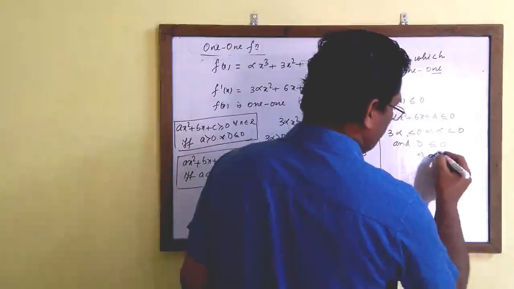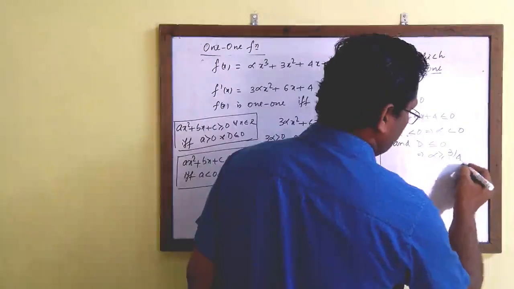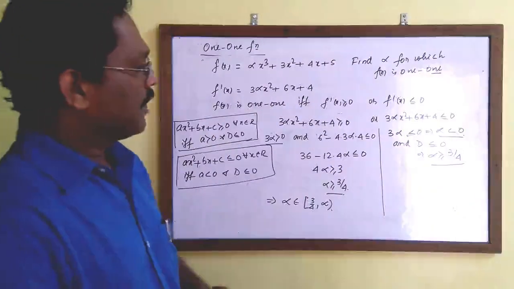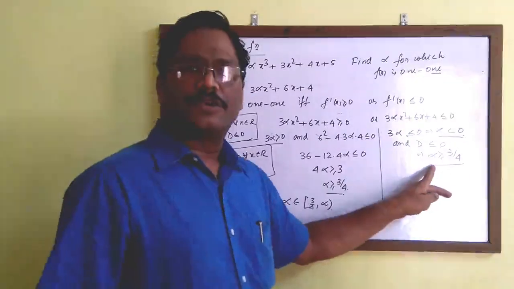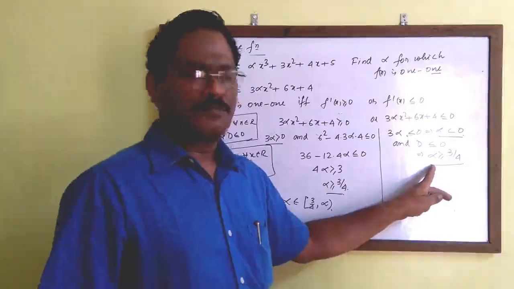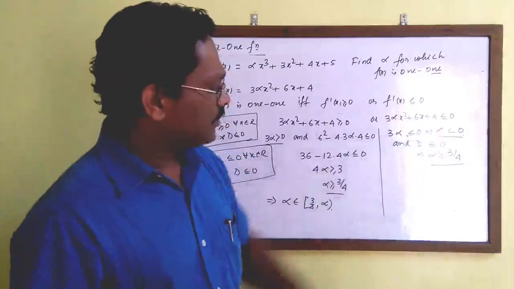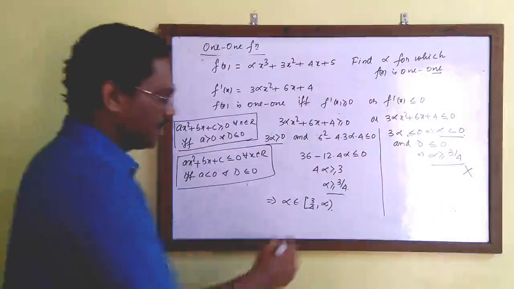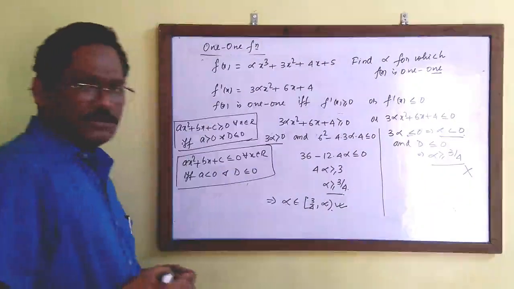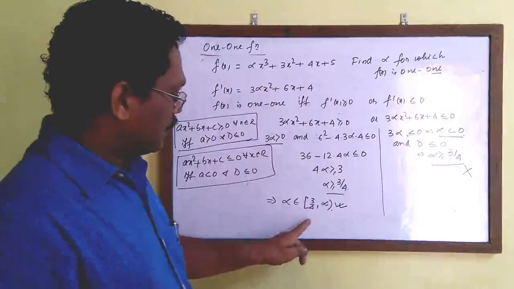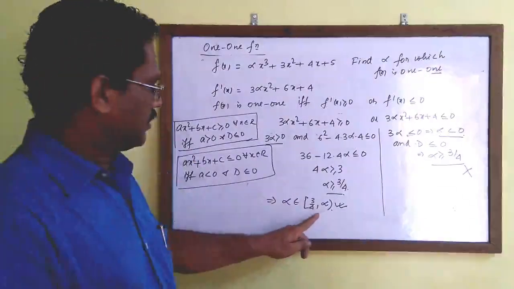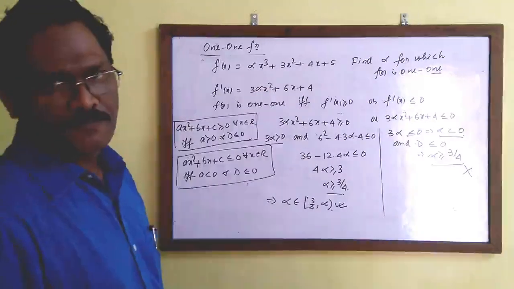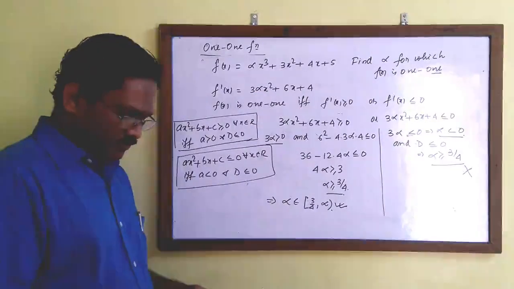So this gives you alpha greater than equal to 3 by 4. Now is it possible that simultaneously alpha is negative and alpha is greater than equal to 3 by 4? No. They are contradictory conditions, so this is not going to hold true. This is the one which will be true. So I'll say that alpha belongs to 3 by 4 to infinity, then only this function is going to be a 1-1 function. Let us take one more example.